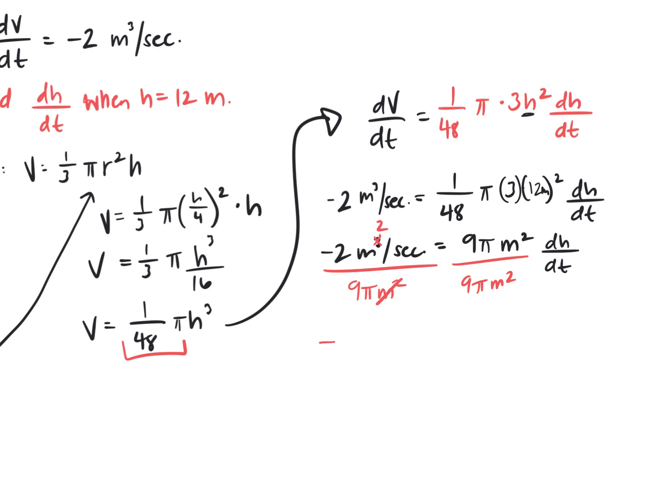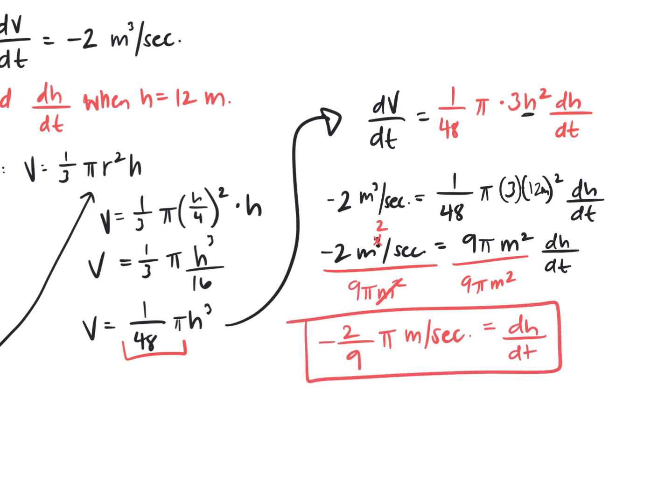So I'm going to be left with -2/9 pi meters per second. So that water level in that cone is falling at a rate of -2/9 pi meters per second.